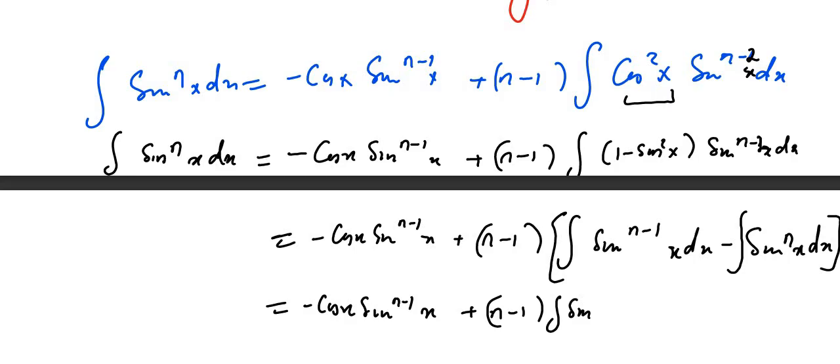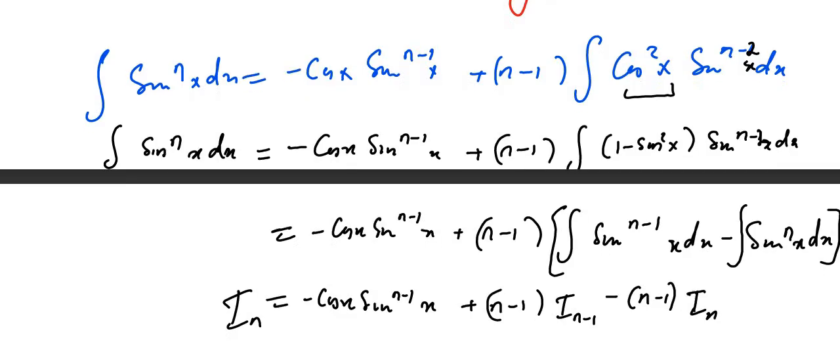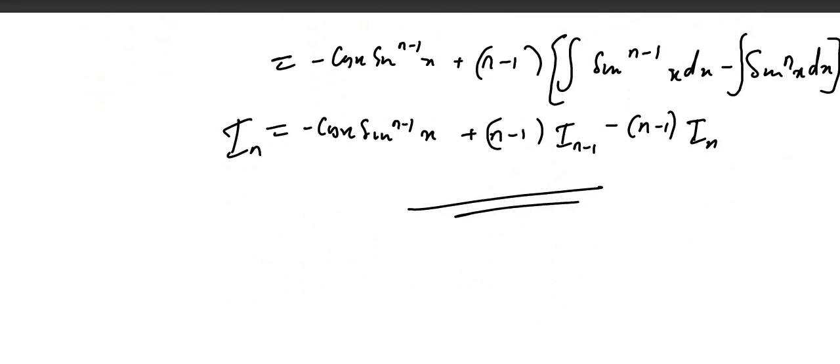So to make life easy, we just write it as I_n, then this side again you have I_(n-1). This is going to be minus (n minus 1) with an I_n.